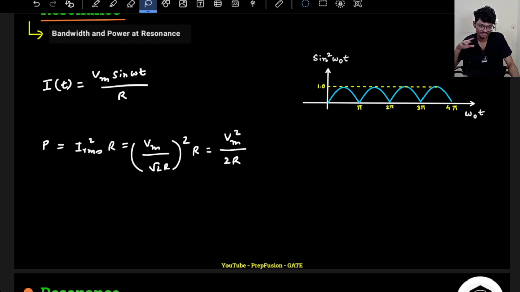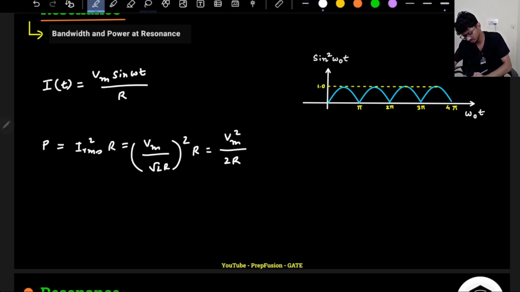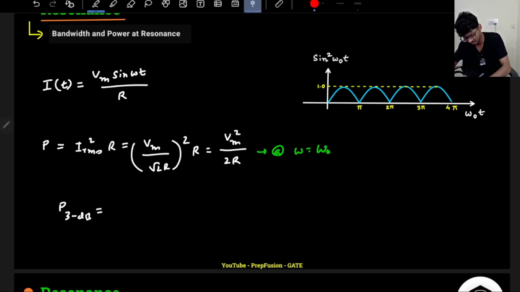So what happens in half power frequencies? The power is halved. At the 3 dB frequency, the power delivered at half power frequencies will be half of the maximum power at resonance, at omega equals omega naught. This is the maximum power, right? Why? Because the impedance will be lowest.